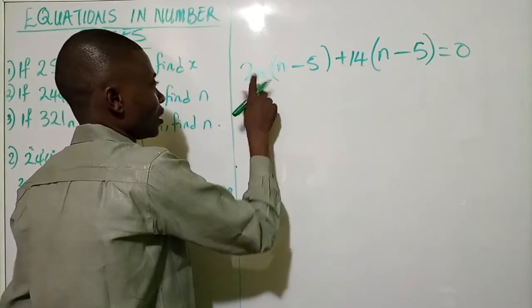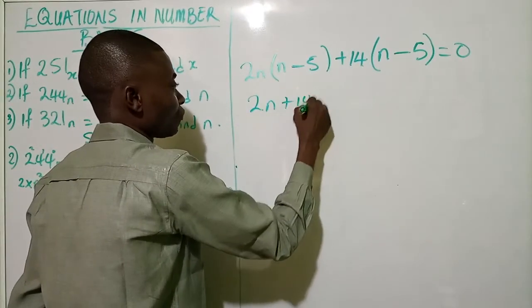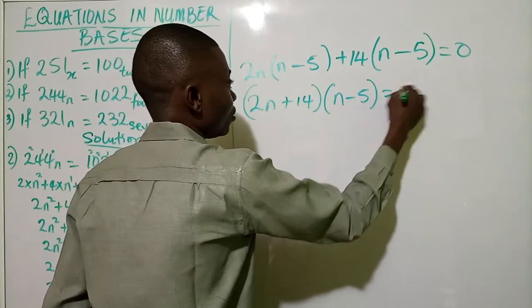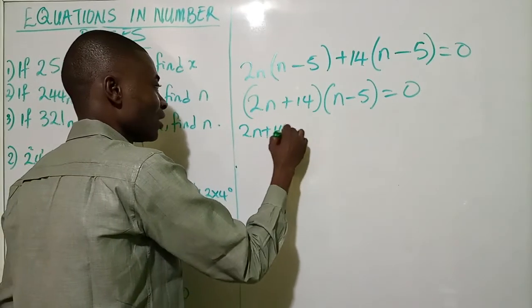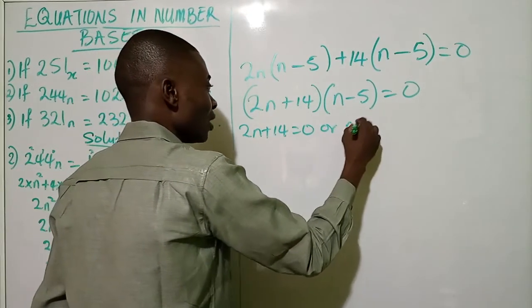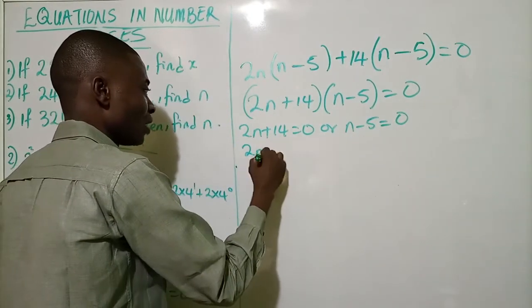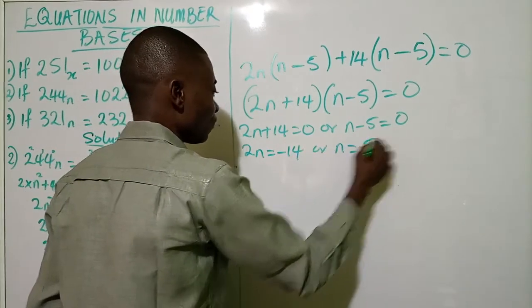So we're going to take one. So first, bring out this 2n plus 14, open bracket, n minus 5 equals to 0. So this means that 2n plus 14 is equals to 0, or n minus 5 is equals to 0. So collect like terms. 2n is equals to minus 14, or n is equals to 5.